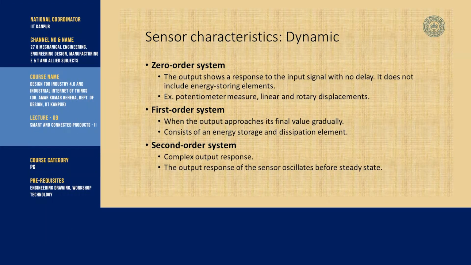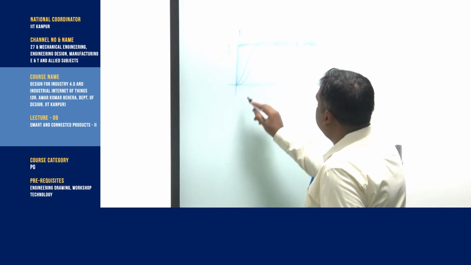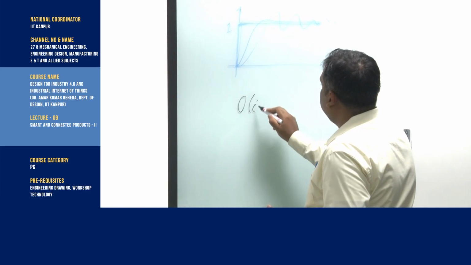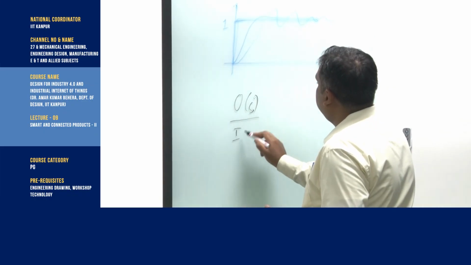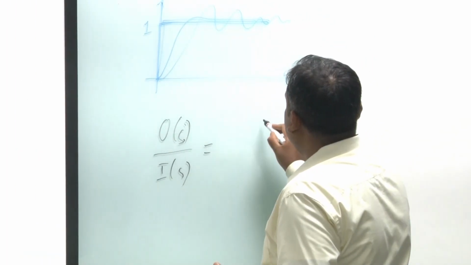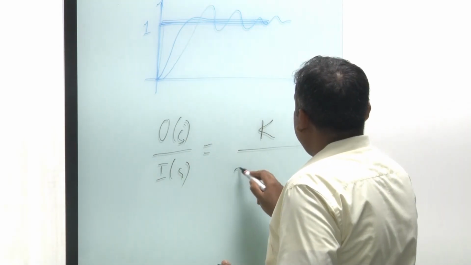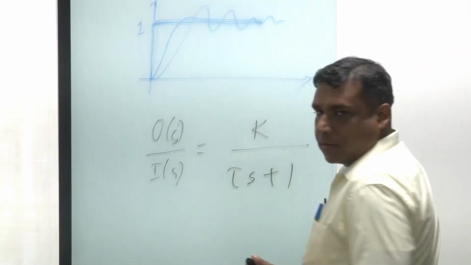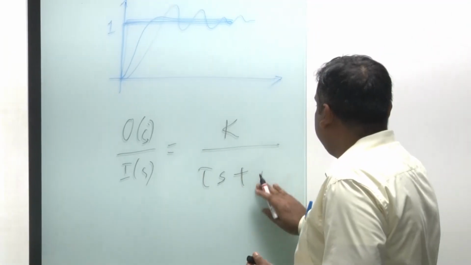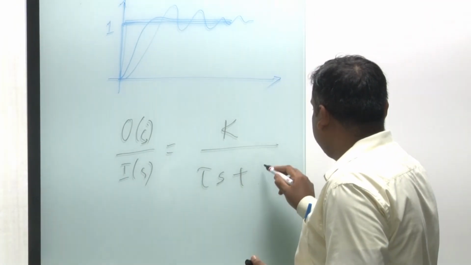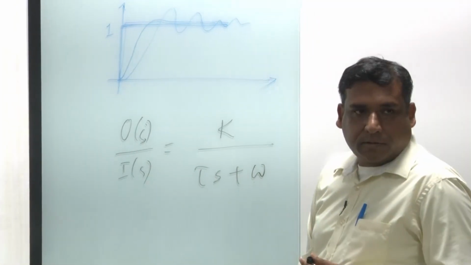Make sense to everyone? You can actually use Laplace transforms to define these outputs. Typically the Laplace transform, so output over input. Let us say the output is O of s and the input is I of s. For the first order system, the transfer function will be of the type, some constant over something.